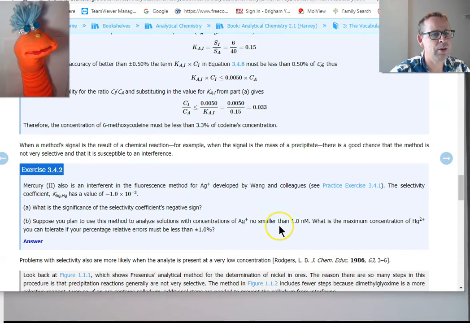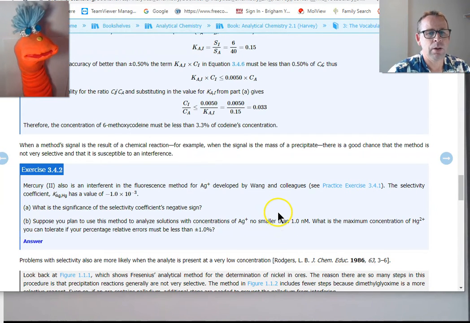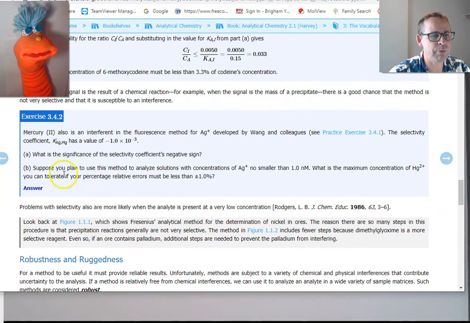Now, here's another example, 3.42. Mercury is also an interferent in a fluorescence method for the silver ion. The selectivity coefficient is provided for us, -1 times 10 to the minus 3.